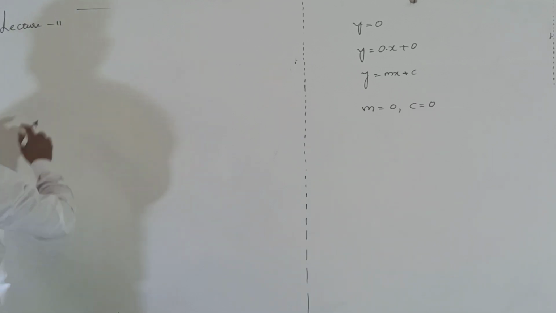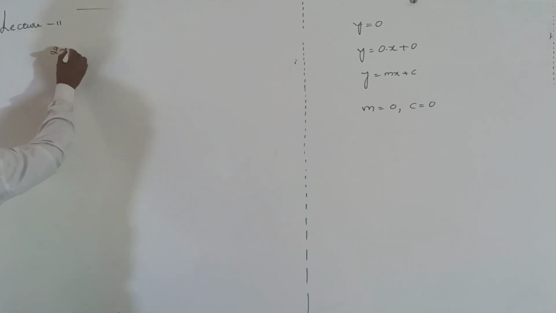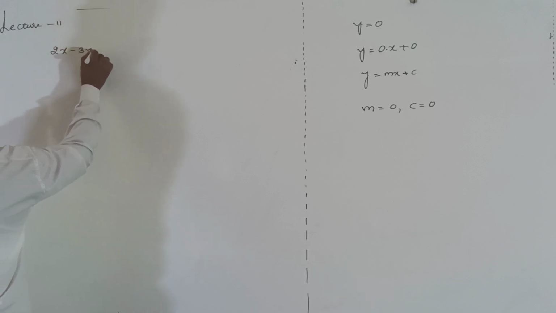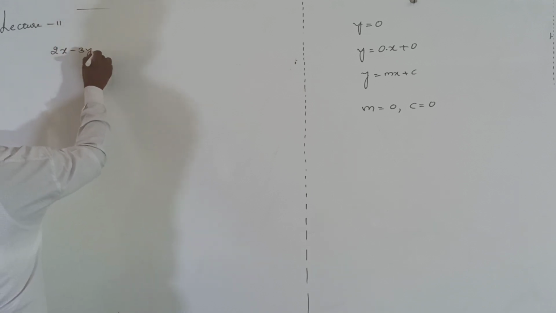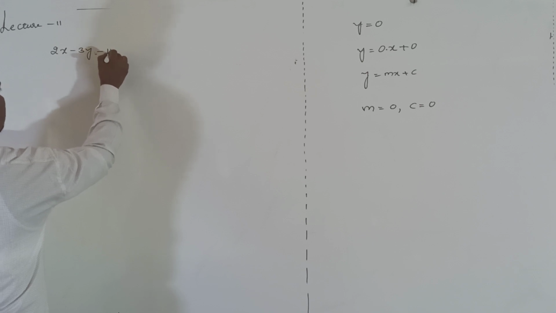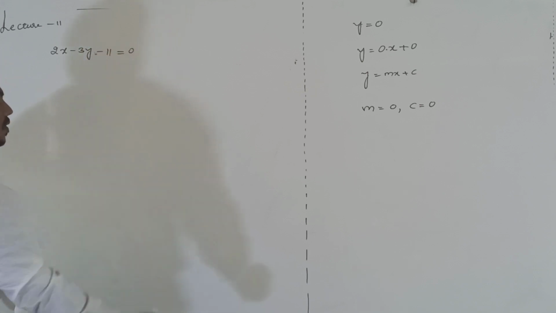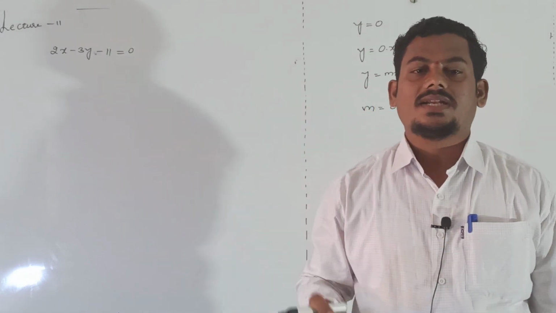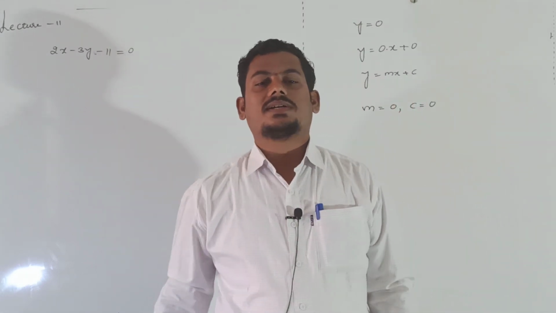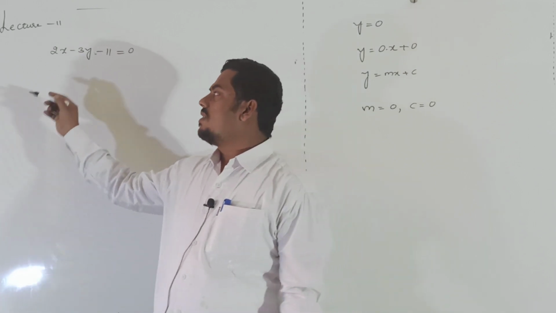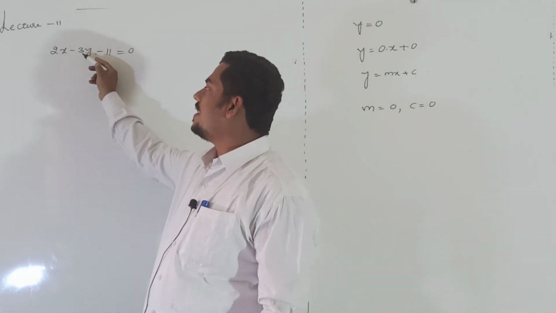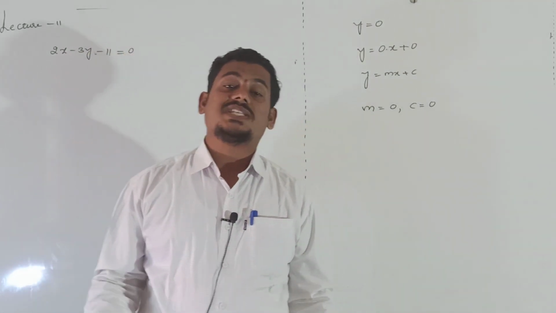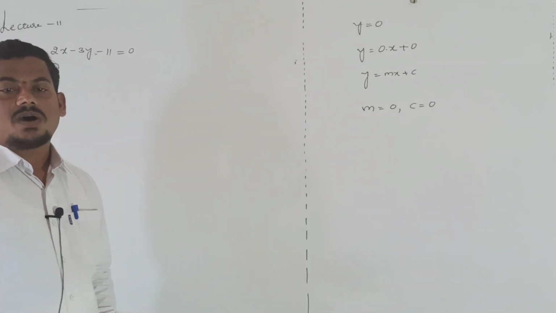Next, reduce the equation 2x minus 3y minus 11 equal to 0 into intercept form, not slope intercept, right? It is intercept form.